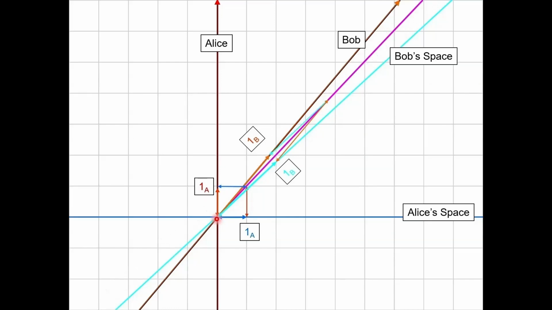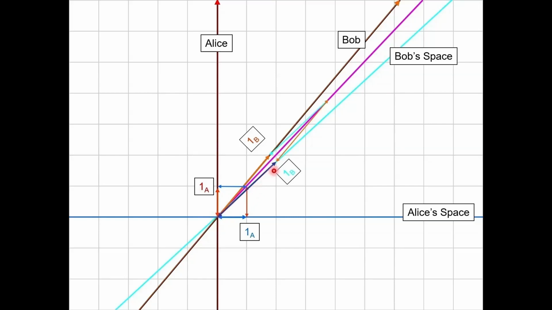Now let's try to see how they see the other coordinate system's distance. But I remind you, for a distance, we also needed to define simultaneity. So the distance of something according to Alice has to happen at the same time according to Alice, and the distance according to Bob is 2 points that happen at the same time according to Bob.